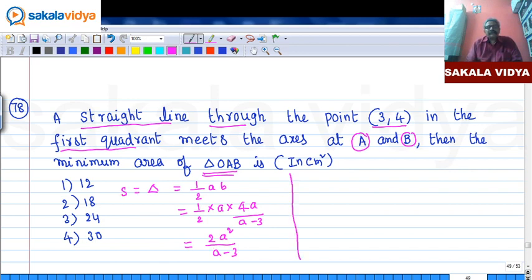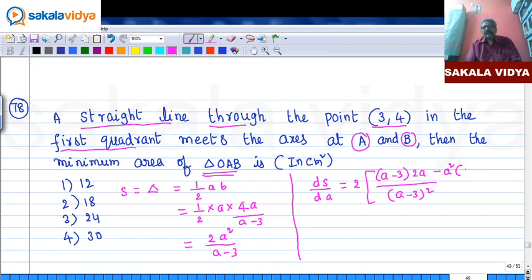For minimum or maximum let us find the derivative. So dS by dA with respect to A. Here 2 common. This will be the U by V method. So A minus 3 whole square, A minus 3 into derivative of A square is 2A, minus A square into derivative of A minus 3 which is 1.